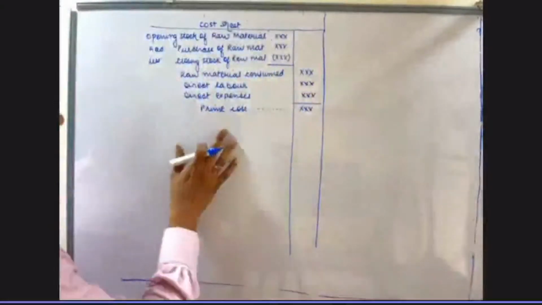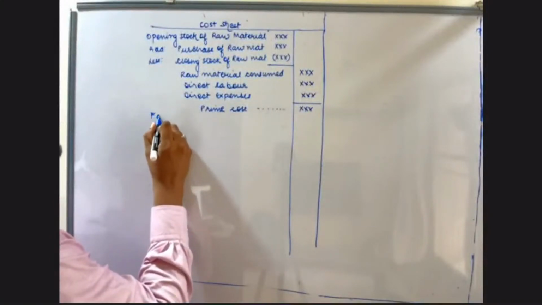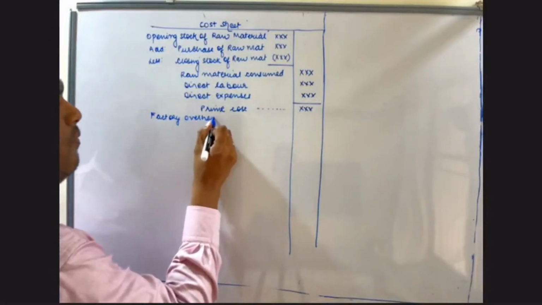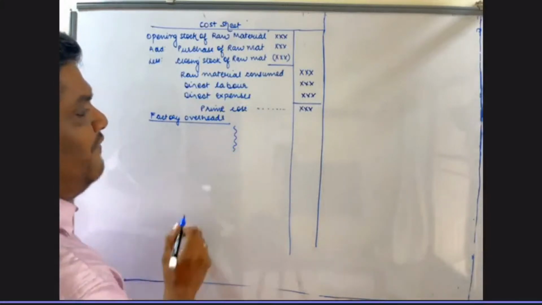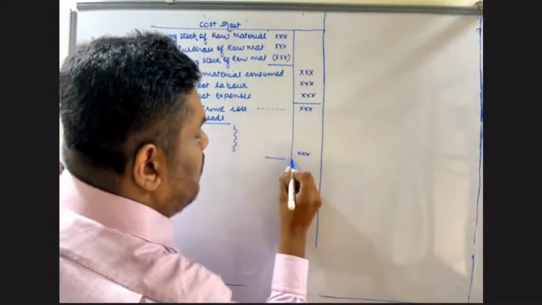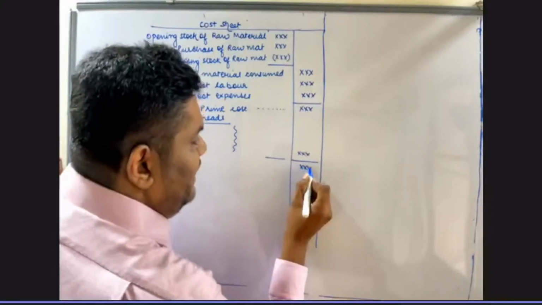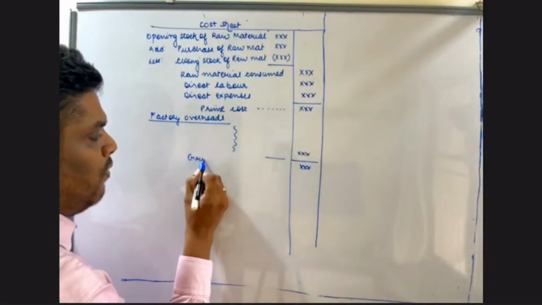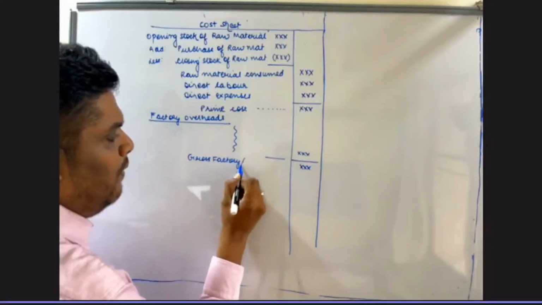So after prime cost, we will add all the factory overheads, and if we add prime cost with all the factory overheads, we'll be getting gross factory or works cost.